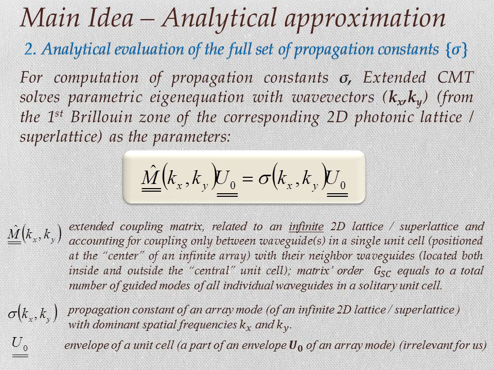For computation of propagation constants sigma, extended coupled mode theory solves a parametric eigenequation with wave vectors kx and ky from the first Brillouin zone of the corresponding 2D photonic lattice or superlattice as the parameters, namely matrix M (double underlined) as a function of kx and ky times its eigenvector U0 (double underlined) equals the propagation constant of the array mode sigma, being an eigenvalue of M (double underlined).